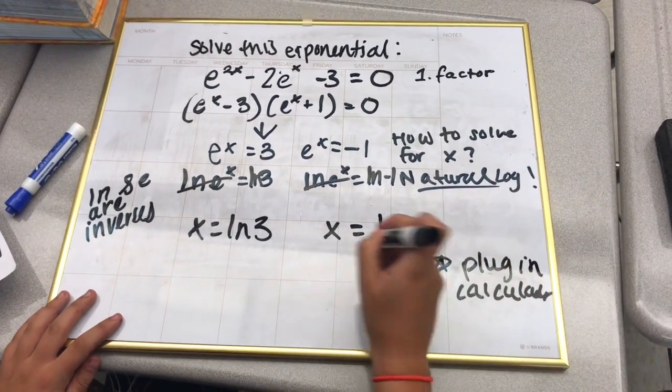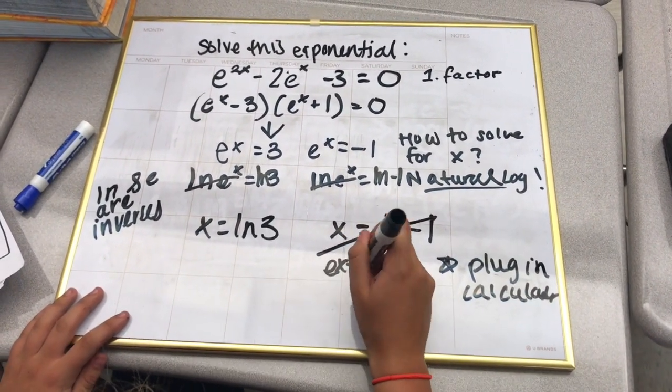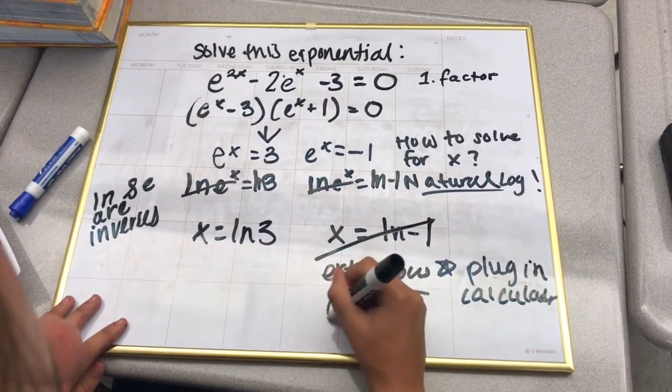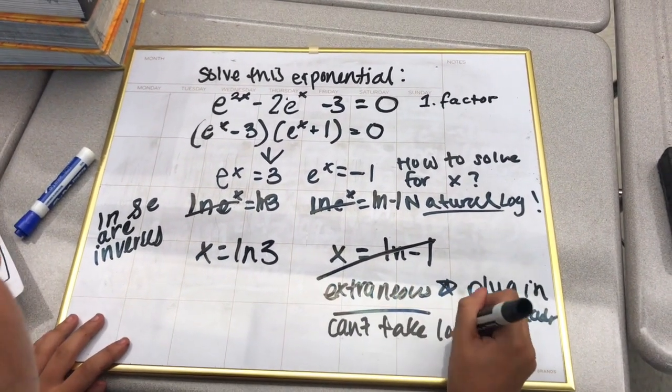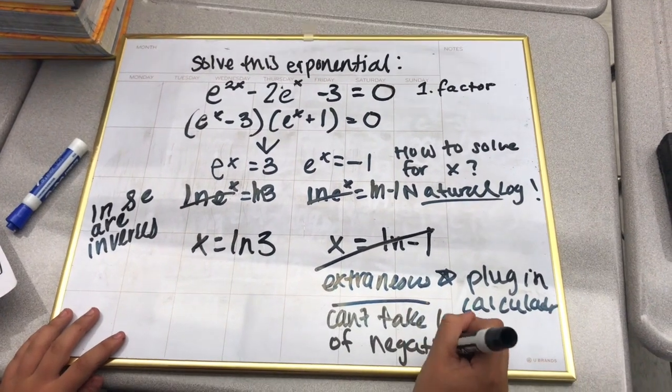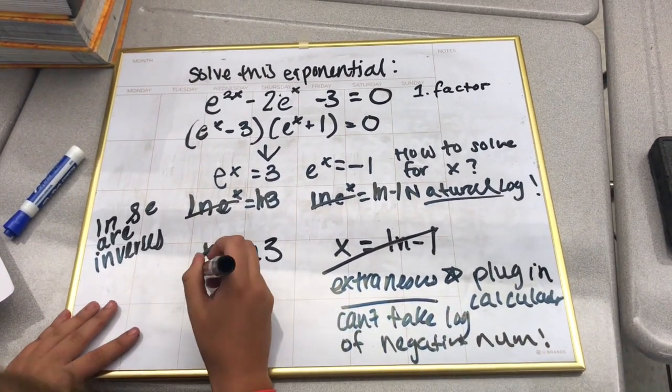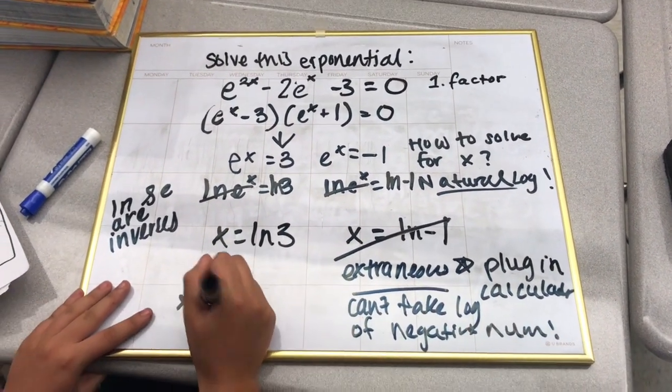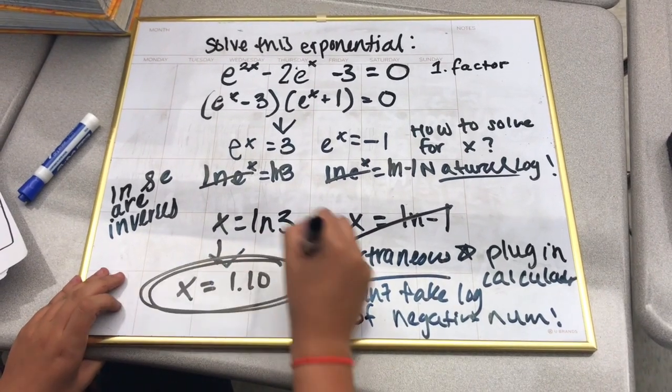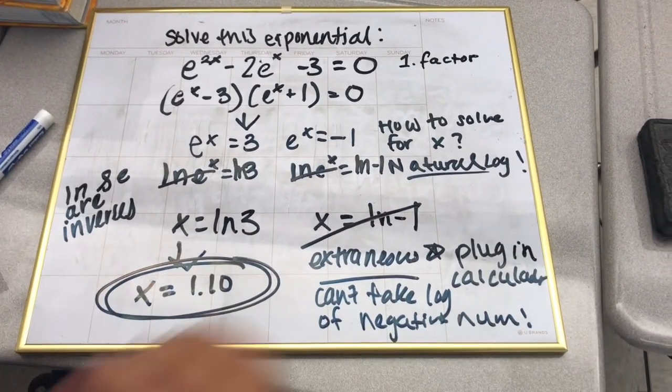What you would do at this step is plug this into your calculator. But from the first one, you know that you can't take a log of a negative number, so that's an extraneous solution. So then you're just left with x equals ln 3. Once you plug that into the calculator, you get a simple answer of 1.10, and that is the answer to this question.